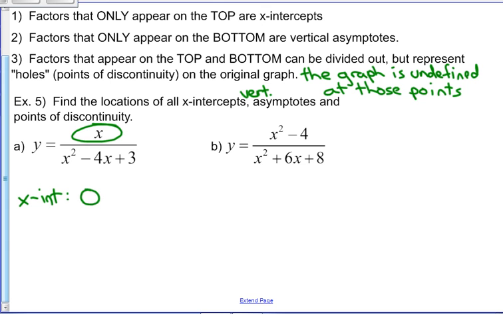So 0 is a factor of the top only. Now the bottom only, I don't really know. If I want to see its factors, I really have to factor it. And I should have started with this, really, to check for factors that appear maybe on both. So if I factor the bottom, I get x minus 3 and x minus 1.